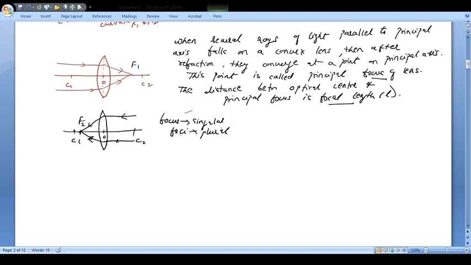So if you pass rays parallel from the opposite side, you will find that it will get focus on the opposite side.